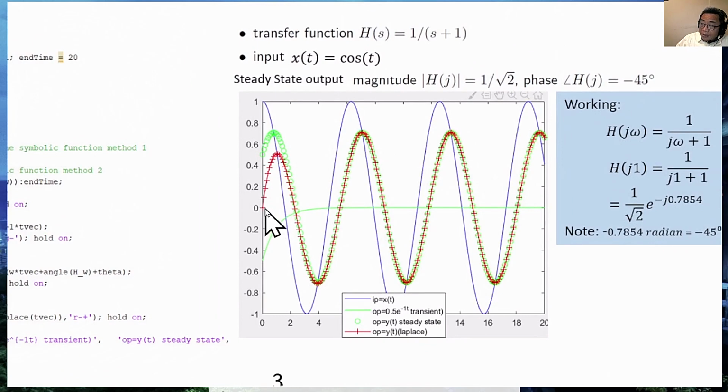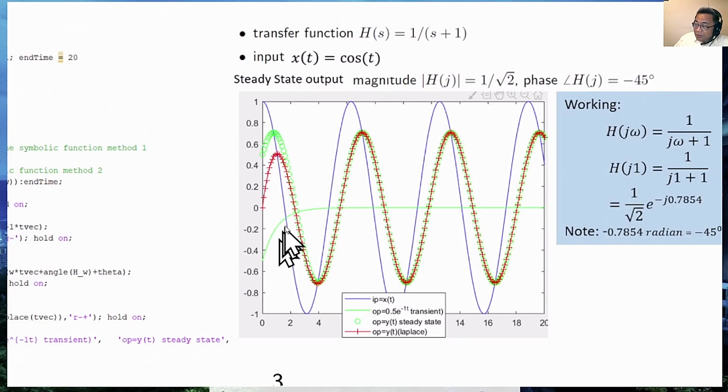So what happened is that the output doesn't become the steady state immediately. The output is due to that circle and that straight line. It will start from time 0 and it will swing up, it will grow, and after a while it will follow the green line to become the steady state after the transient dies.